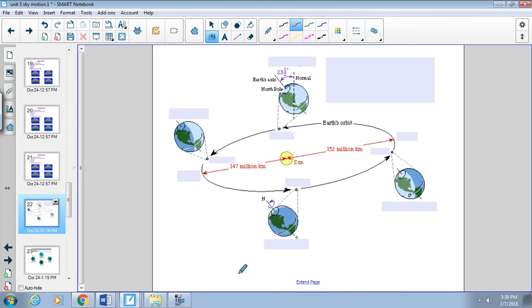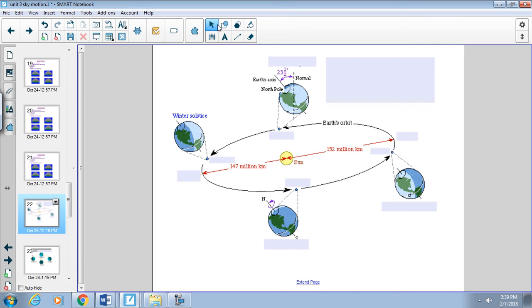Alright, the reason we have this is because of our tilt, our 23.5 degrees. And what that allows us to do is have different parts of the Earth have more direct or indirect sunlight depending on the season or their location in Earth's orbit.